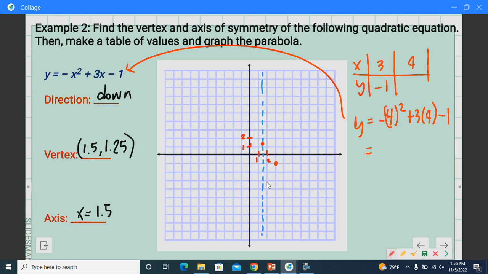So you have there negative 16 plus 12 minus 1. So negative 16 plus 12 is negative 4 minus 1, and that will give us negative 5. So if our x is 4, our y is negative 5. So this is our 4. 1, 2, 3, 4, negative 5.